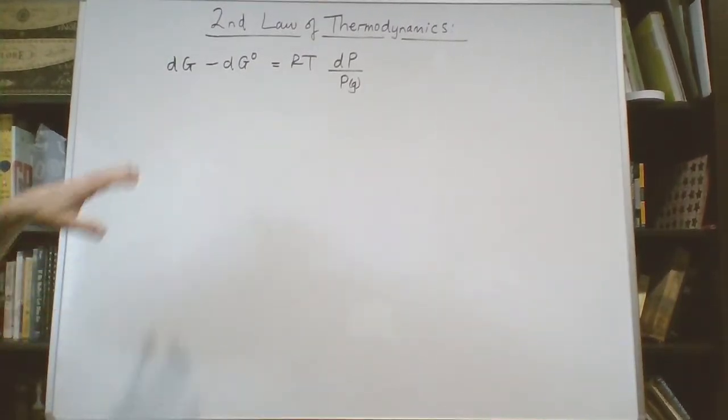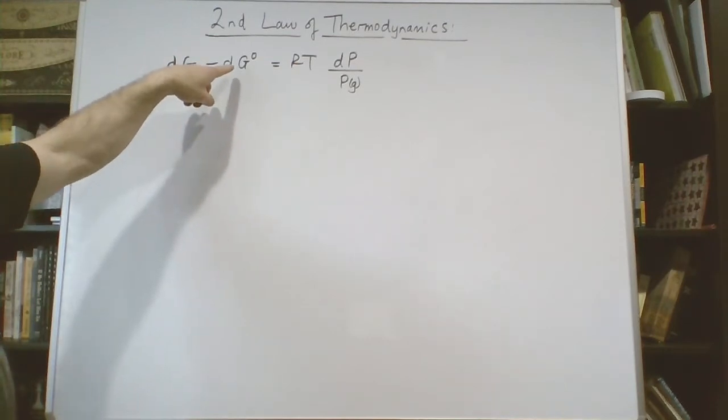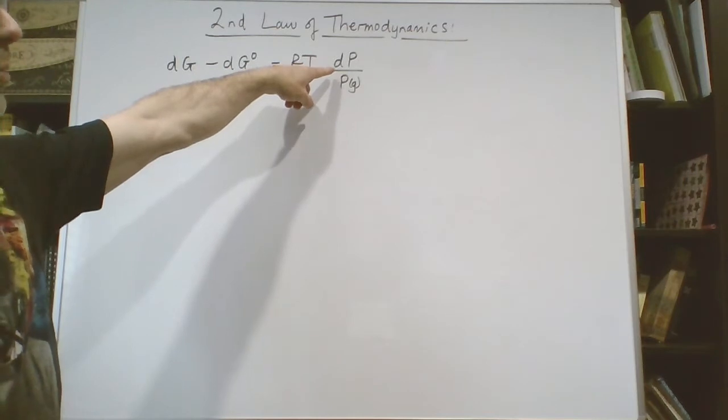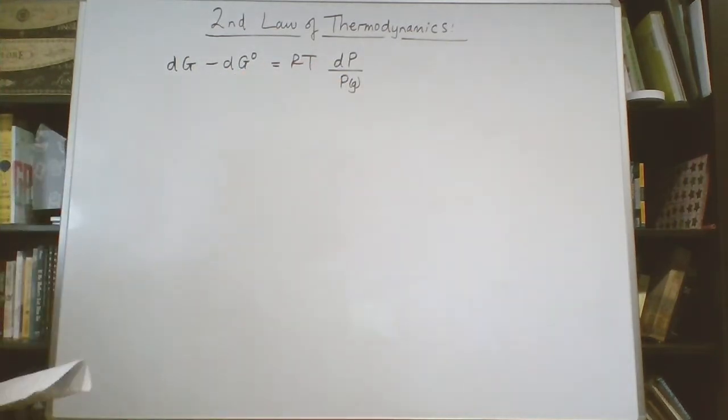We left off in the previous slide with this equation, which is dG minus dG standard is equal to RT, and then the product dP divided by P in the gas phase.